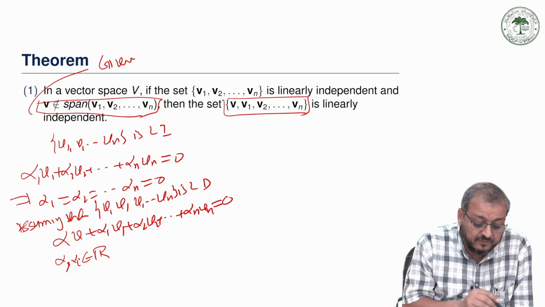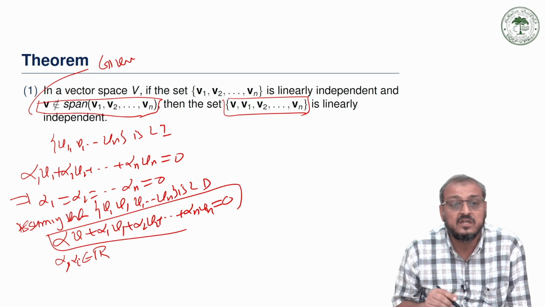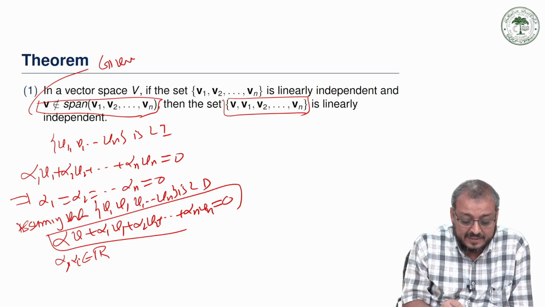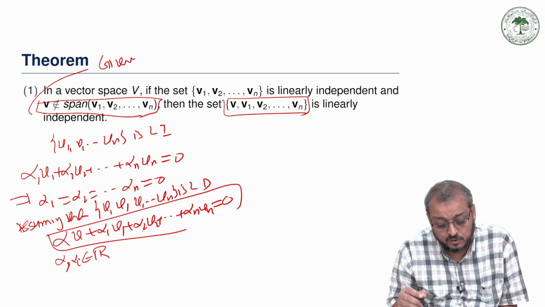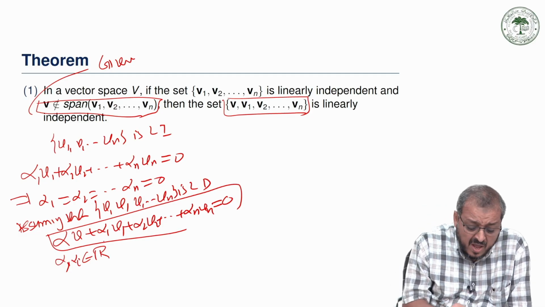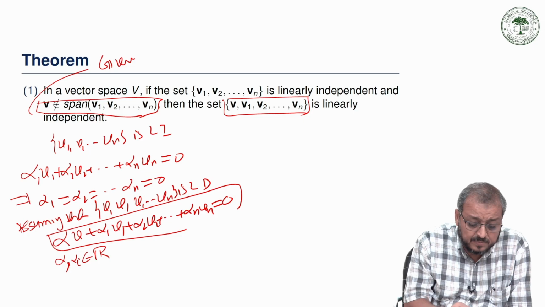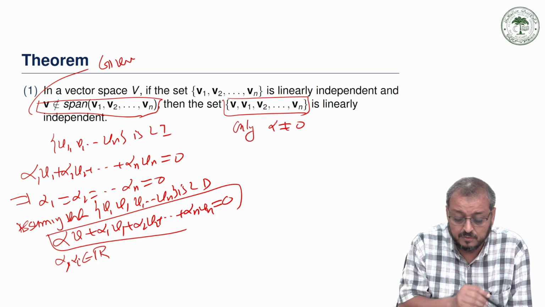So if this combination is equal to 0, because we are assuming the set is linearly dependent, then at least one of alpha, alpha 1, alpha 2, ..., alpha n is not equal to 0. The only possibility is that alpha is not equal to 0. Why?